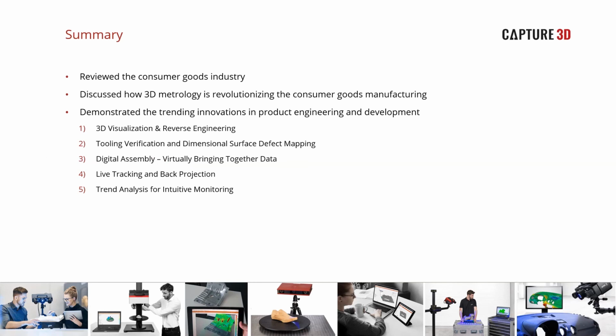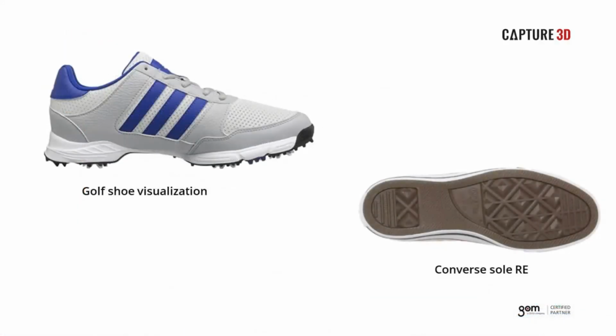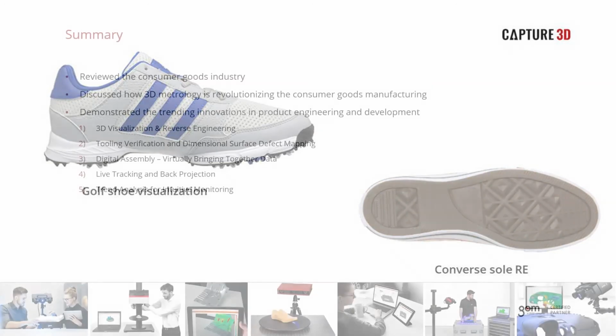No, David, I have nothing to add, but I would like to sum up today's webinar. We started off with reviewing the consumer goods industry and how it's rapidly evolving every day. And then we discussed how 3D metrology is helping that revolution of manufacturing. And then we finally got to the bulk of the webinar about our top 5 digital engineering topics. 3D visualization and reverse engineering, where we went over this by using our Adidas golf shoe and David's daughter's Converse.